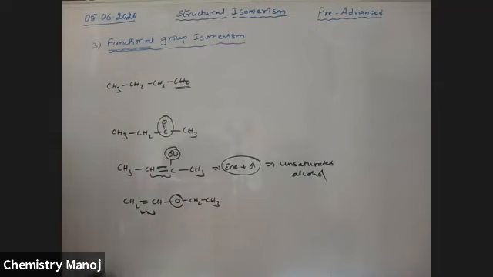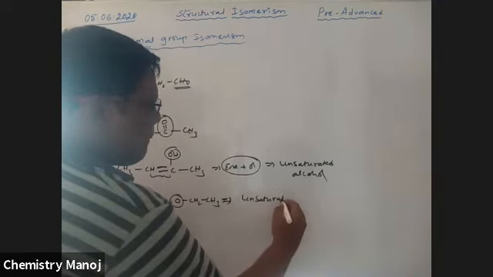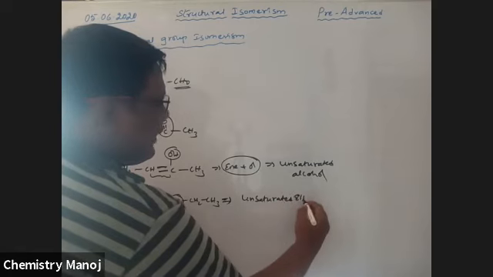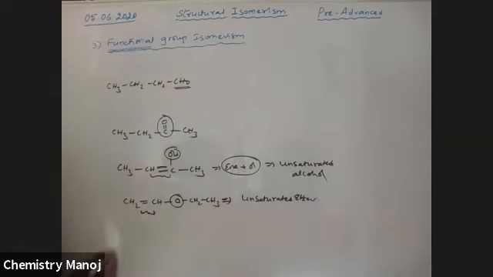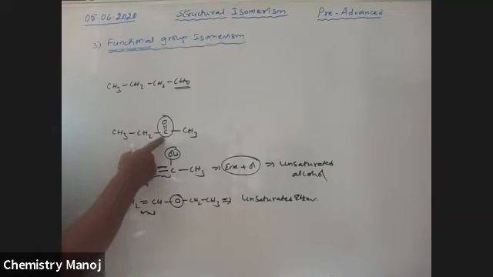Unsaturated alcohol. Next, here a double bond with ether group. That is why it is unsaturated ether. Unsaturated means a double bond or triple bond existing between carbon and carbon only, but not between carbon and oxygen. It is not unsaturated because between carbon and carbon there is a single bond.